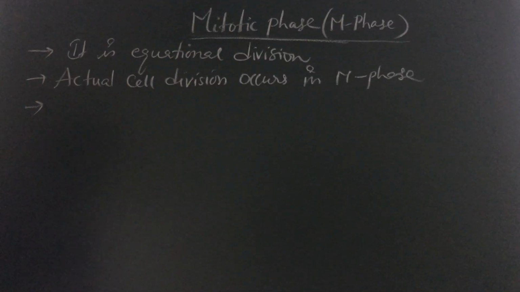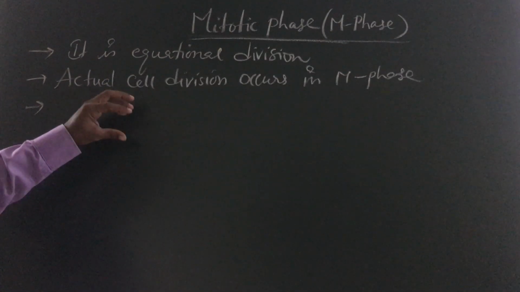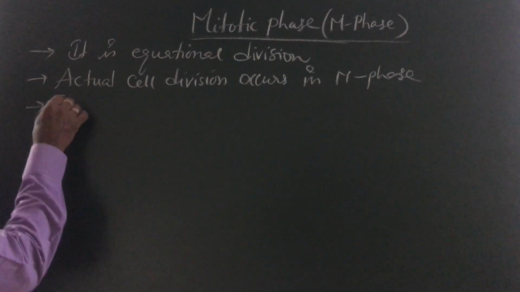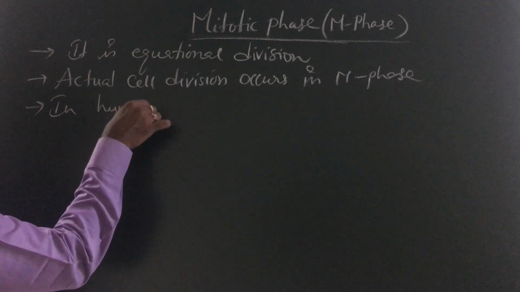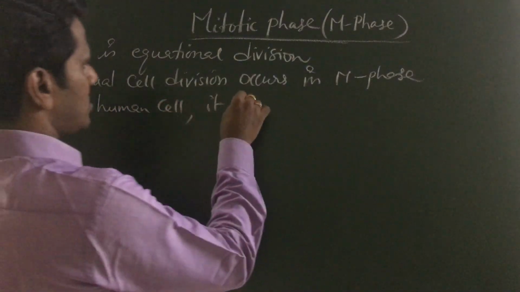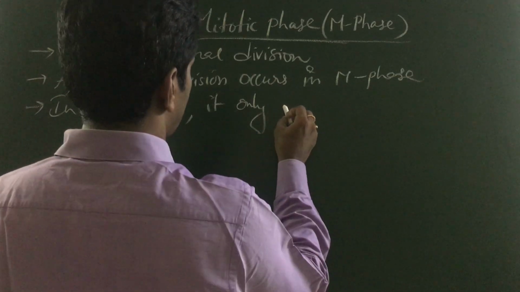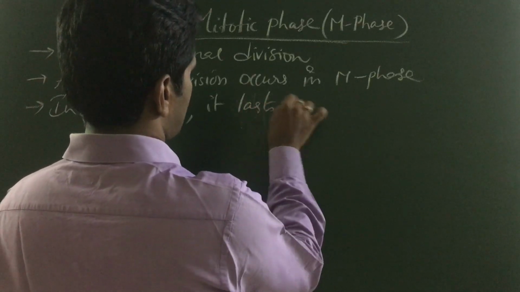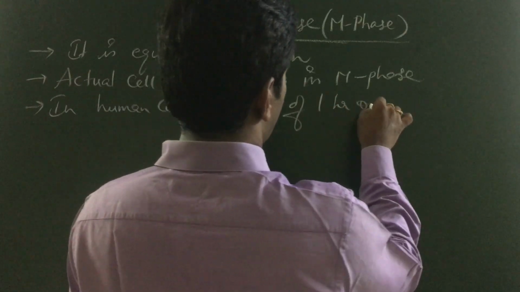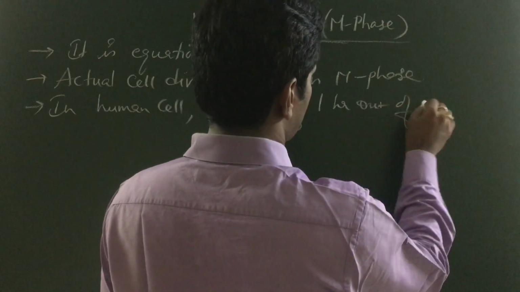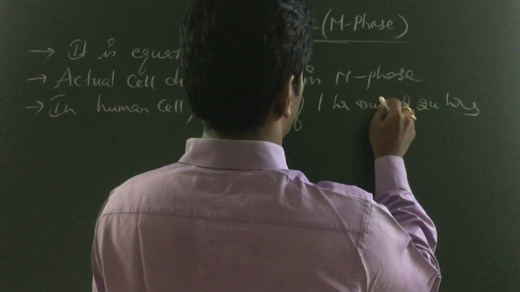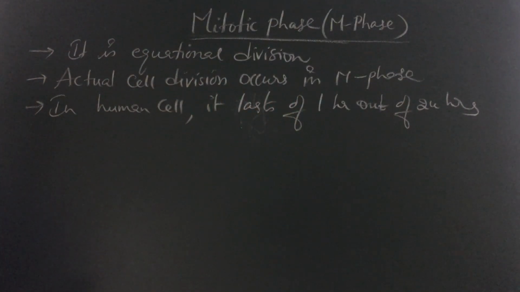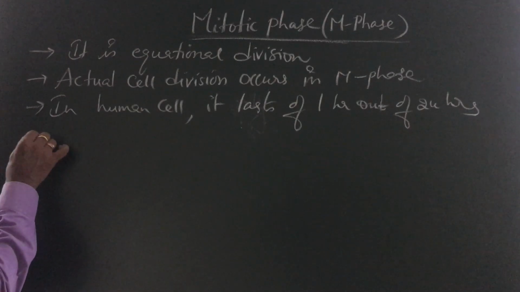So in a human cell, it lasts only 1 hour out of 24 hours. So 23 hours is in the interphase, whereas 1 hour is in the M phase.